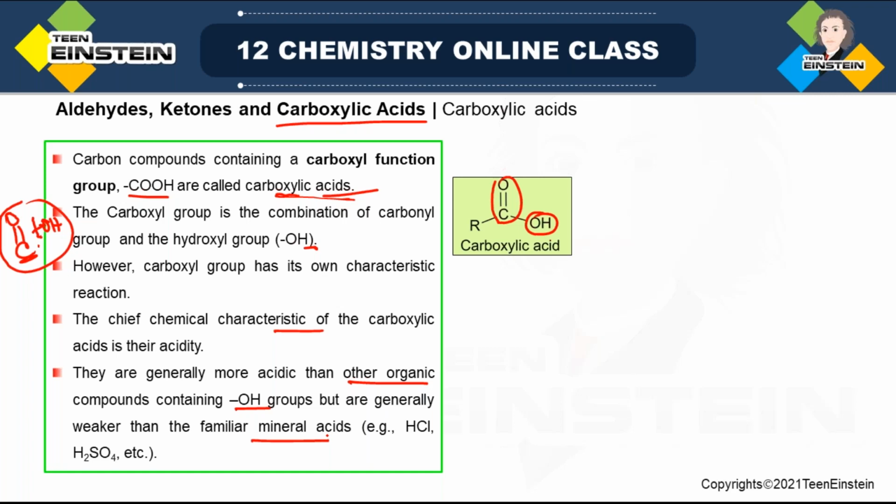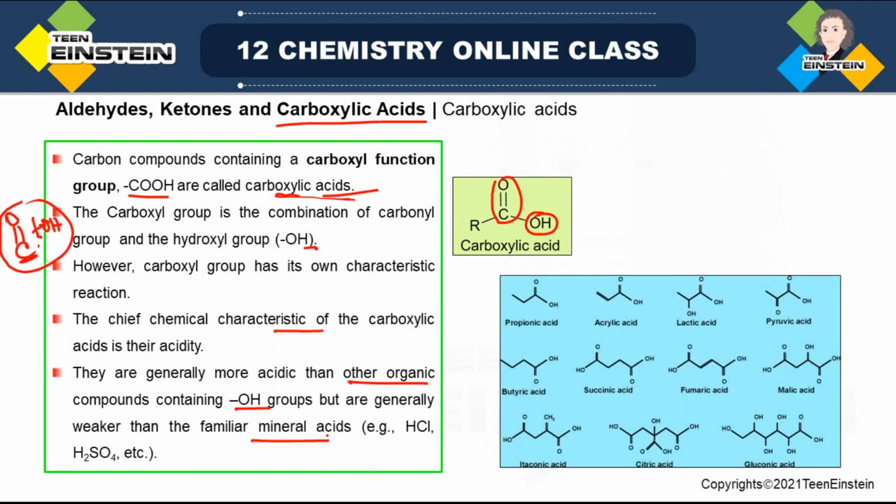The inorganic acids, that is HCl, H2SO4, we call mineral acids. Obviously carboxylic acids are not as acidic as these, but they are more acidic than other organic compounds where an OH group is present. Compared to inorganic acids they are not so acidic, but among organic compounds these are the most acidic.